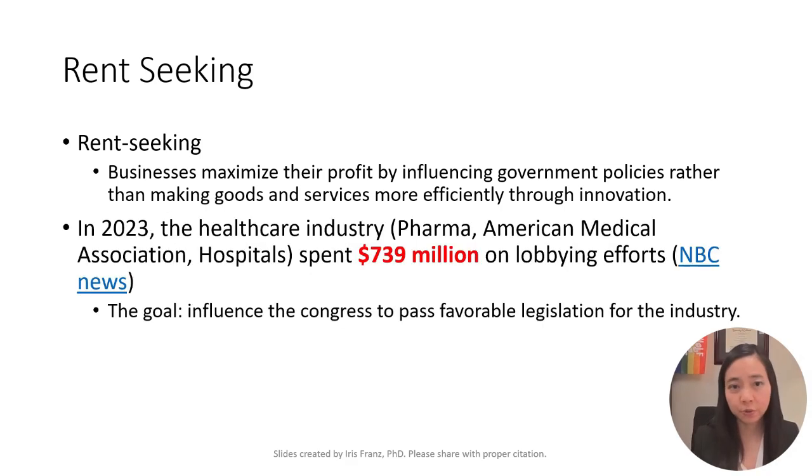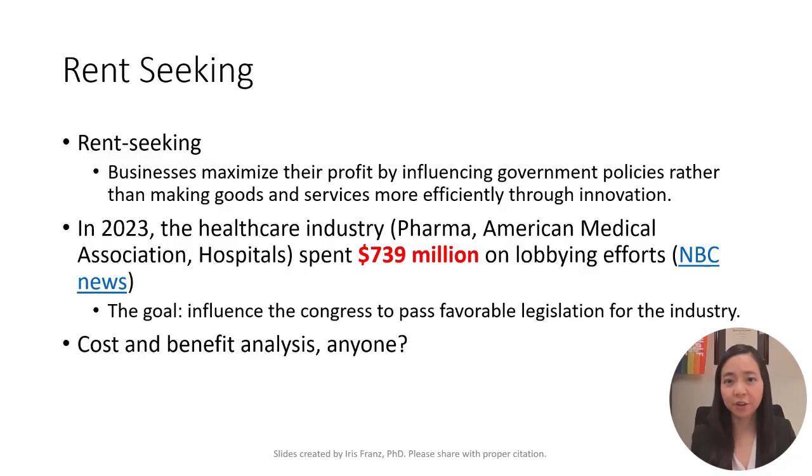In 2023, the healthcare industry, including pharmaceutical companies, hospitals, and professional associations, spent about $739 million on lobbying. The purpose of the spending is to encourage Congress to pass laws that benefit the industry. Why is the healthcare industry willing to spend $739 million on lobbying? Because they will make more money from patients as a result of favorable laws.